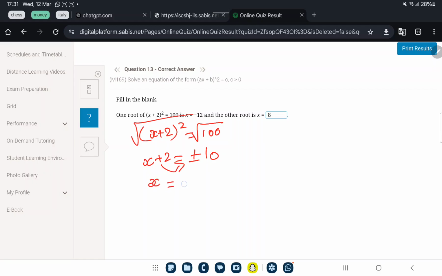X equals minus 2 plus minus 10. We do the plus, doesn't matter which one we do first. Minus 2 plus 10 equals 8. And the other one, x equals minus 2 minus 10 equals minus 12. They gave us minus 12, so we put 8.